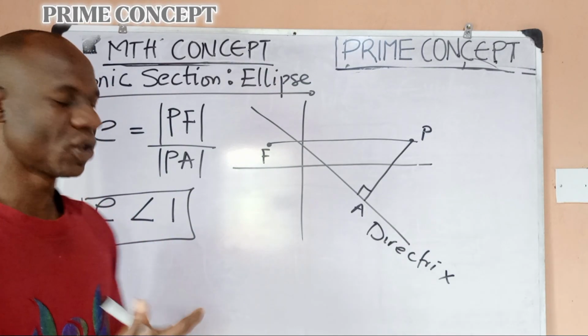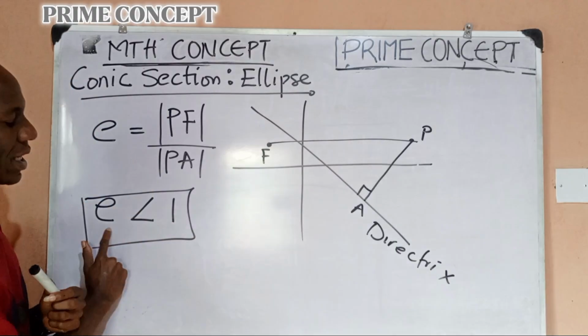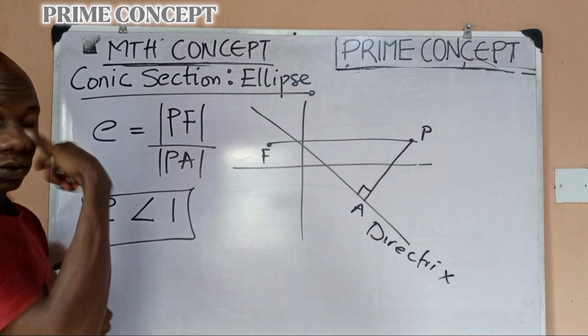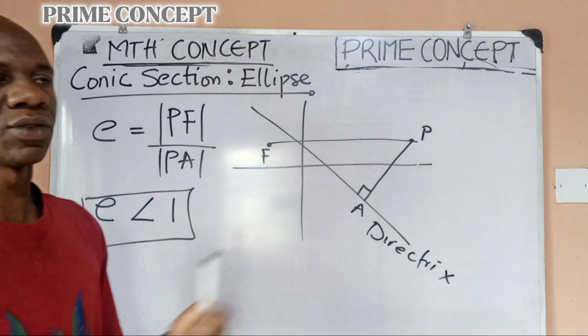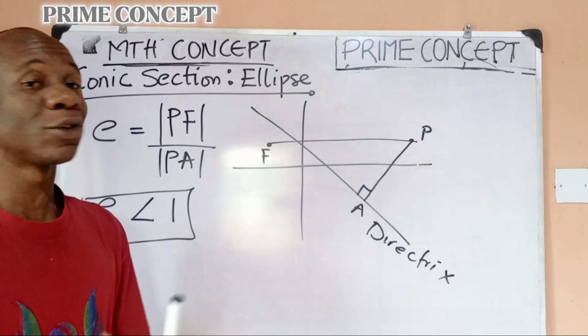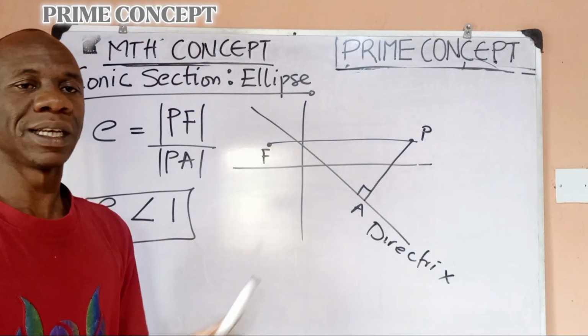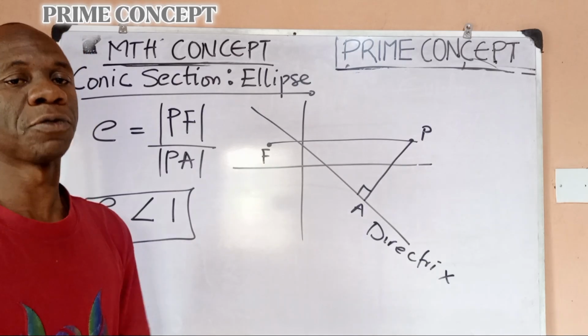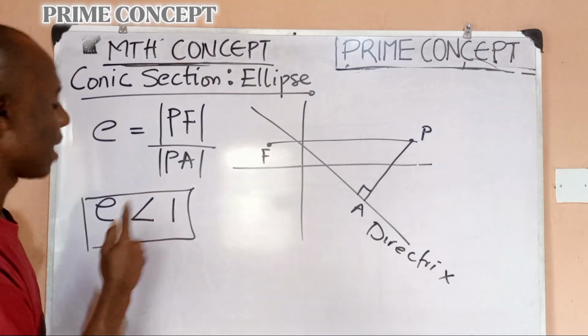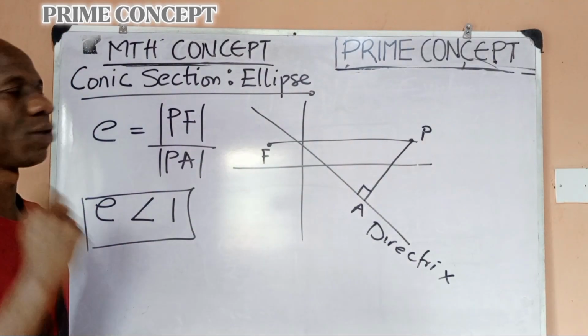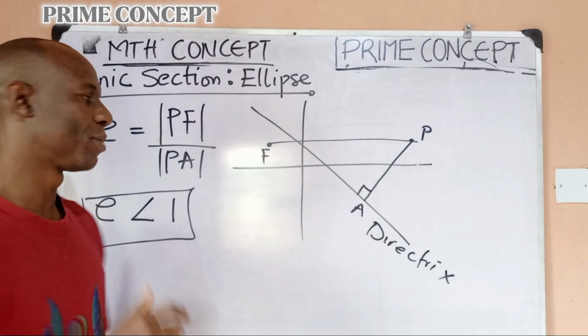For an ellipse, you take note of the fact that the eccentricity is less than 1. So what does it mean? It means that the eccentricity should be values like 0.5, 0.2, 0.3, 0.004, and so on, but it should have values that are less than 1. So that is an ellipse.